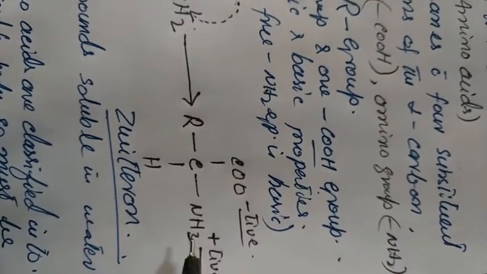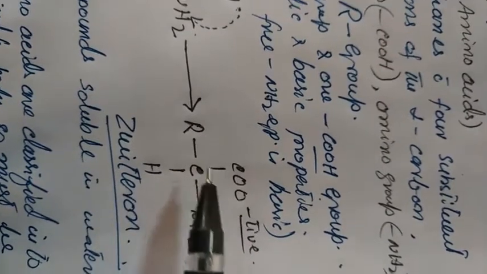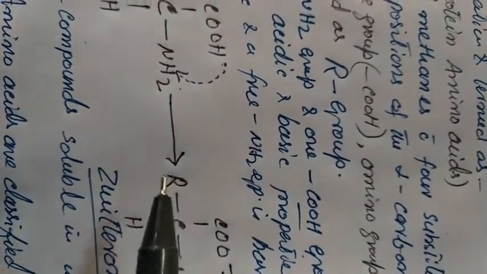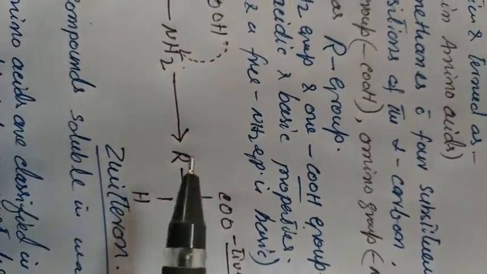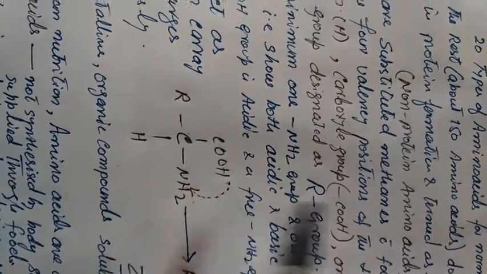So both negative as well as positive charges are present on the same molecule. Thus this molecule is termed a zwitterion, that is, one which carries a positive as well as a negative charge simultaneously. Now these amino acids are crystalline organic compounds which are soluble in water.